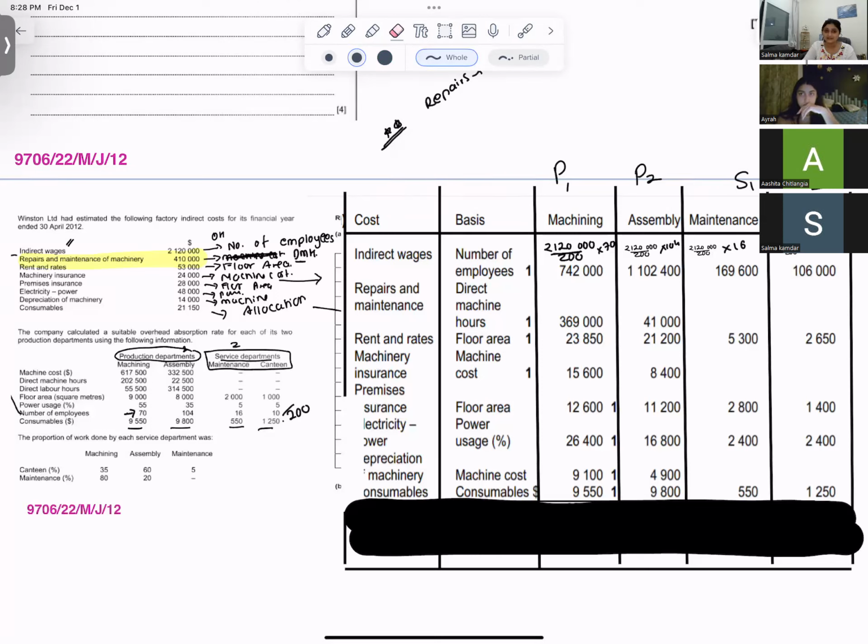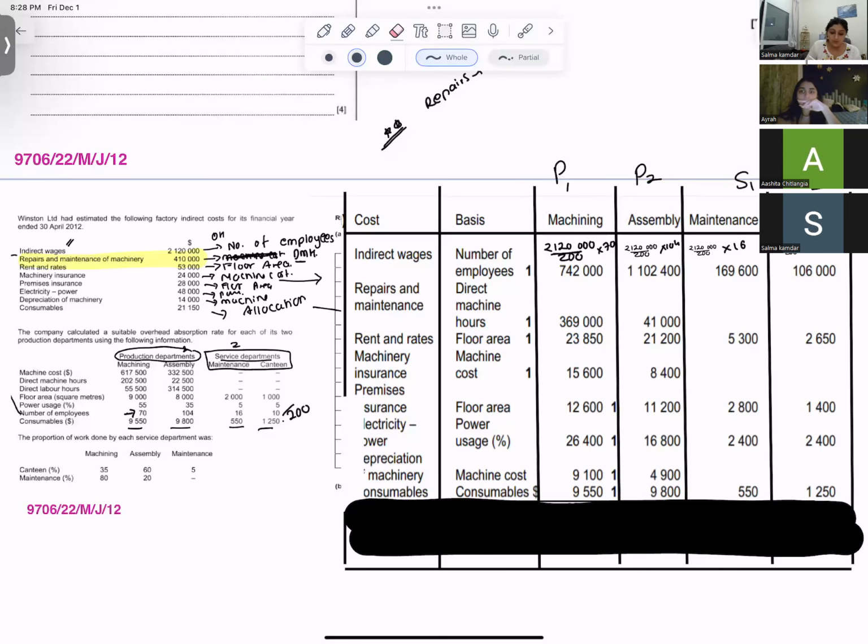Yes or no? The production department is the one who is going to produce and sell the goods and services. The service department is just helping the production department.